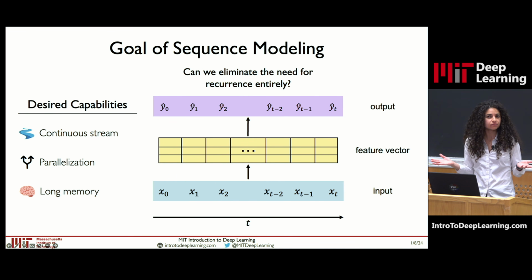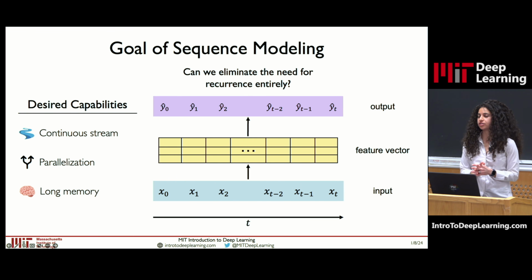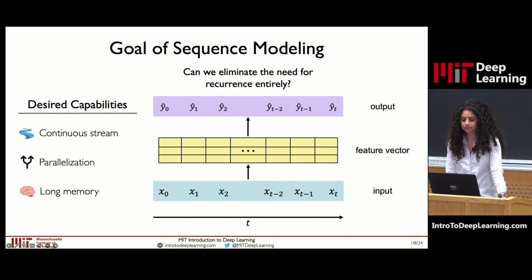A naive approach that we could take is, we have sequence data, but what if we smash it all together, concatenate it into a single vector, feed it into the model, calculate some features, and then use that to generate output?